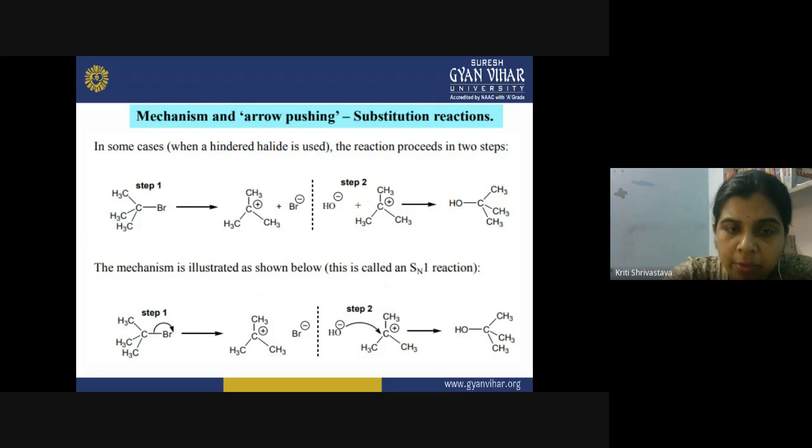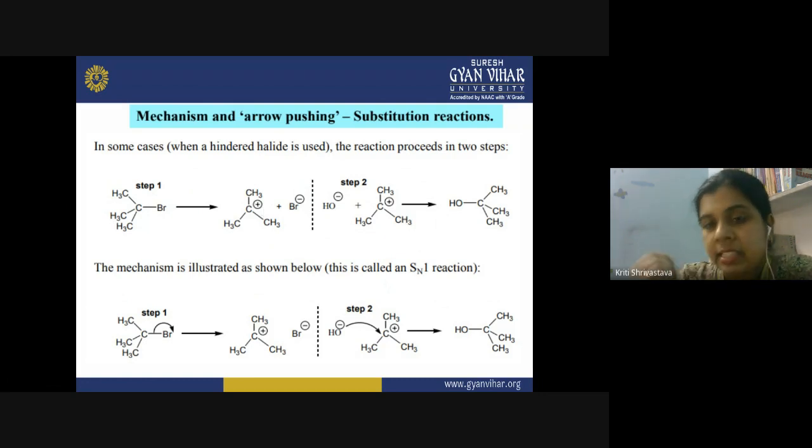So what will happen when the OH minus approaches the carbon? Now the ionization takes place, and there is movement of the shared electron pair to the bromine. That is again due to the repulsion of the electron pair on the OH minus and the electronegativity of the bromine, so the shared electron pair is now with the bromide ion, and the carbon develops a positive charge.